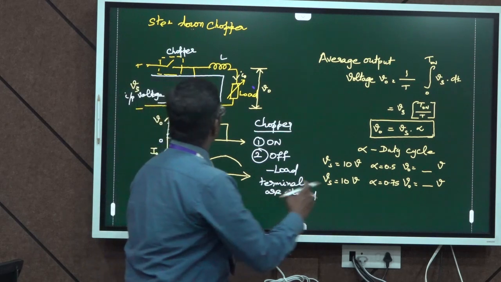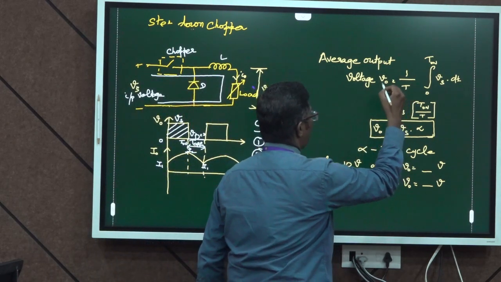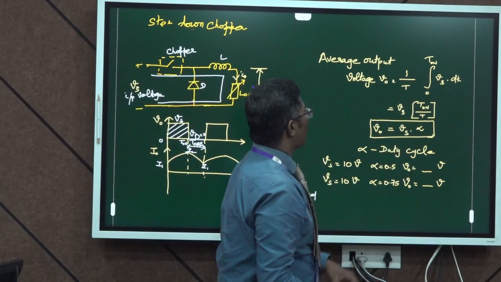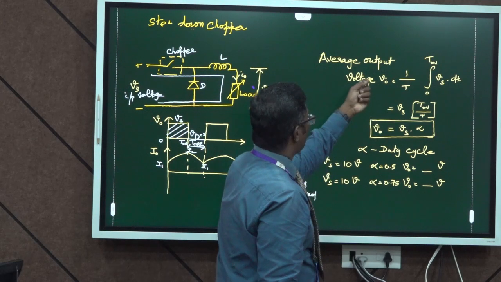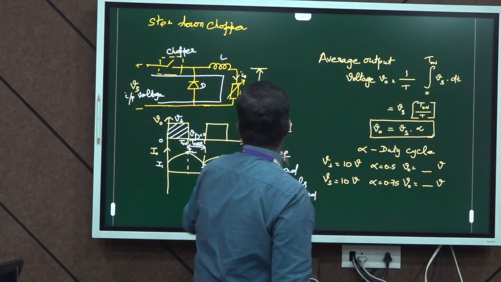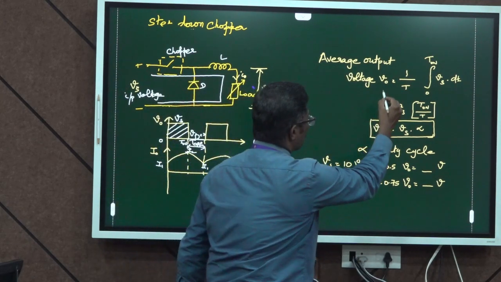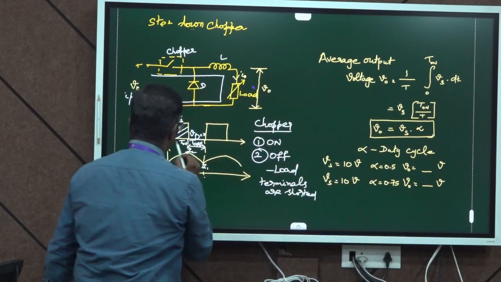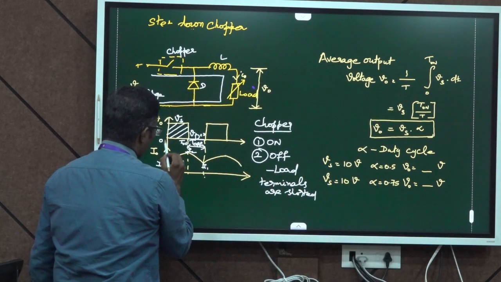Now this is the derivation for finding the average output voltage. I am going to find the average output voltage for this step down chopper. The average output voltage can be calculated for the total time period 0 to t.